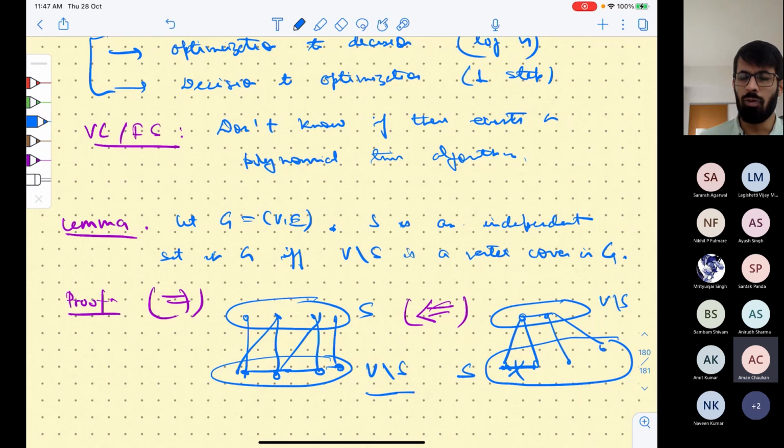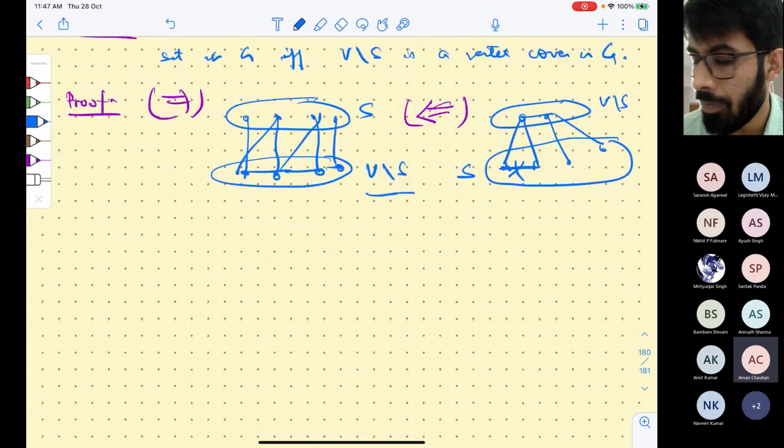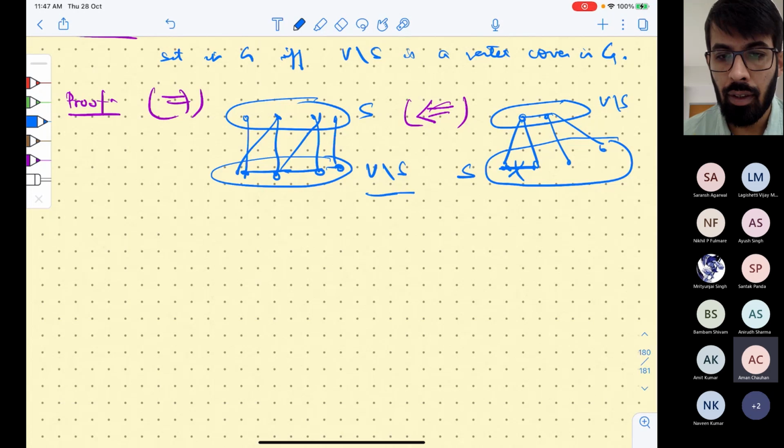So any question about this proof? This is very simple, just looking at the graph and what it means for something to be an independent set and what it means for something to be a vertex cover. So any question about this?